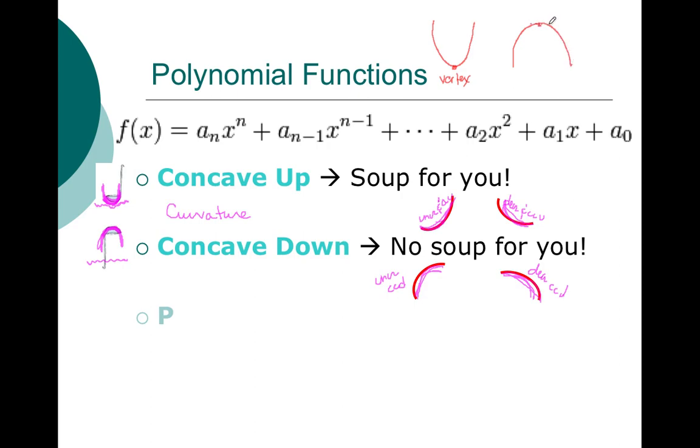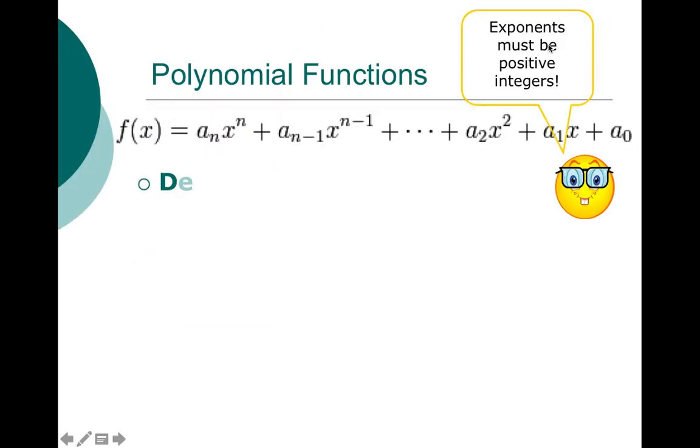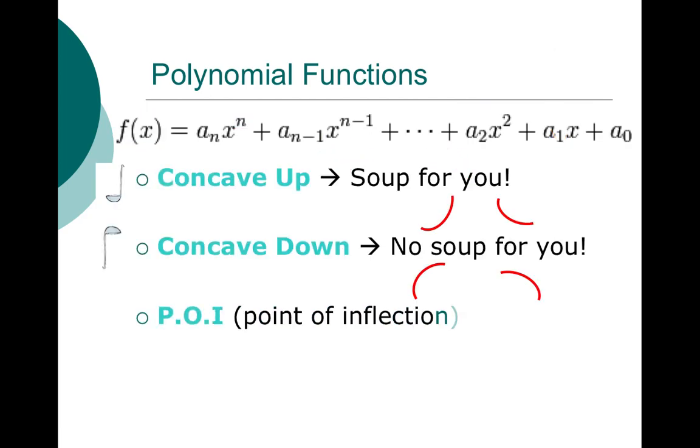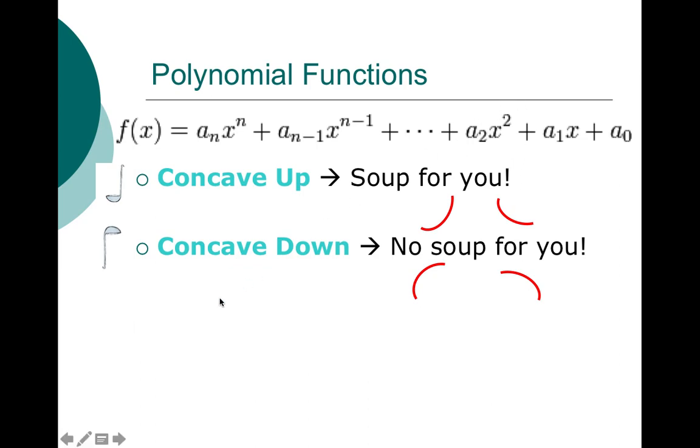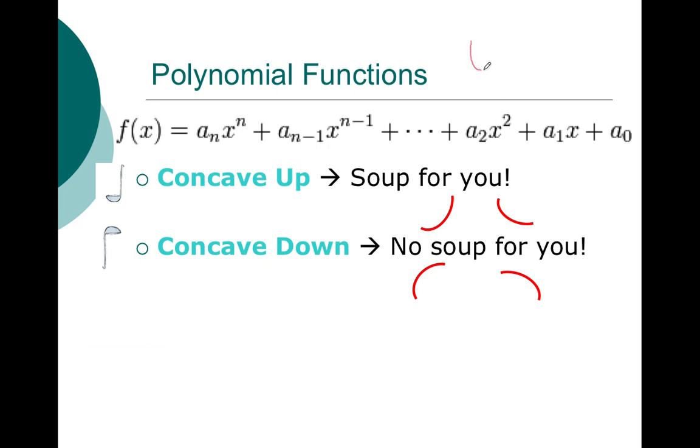And that place where the parabola turns around, you call the vertex. Changes from increasing to decreasing, you call that the vertex.